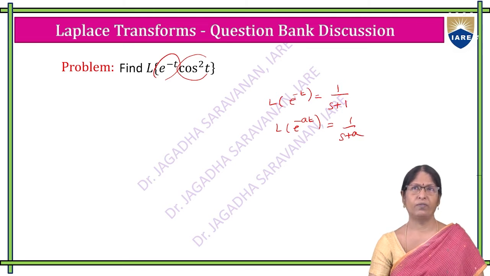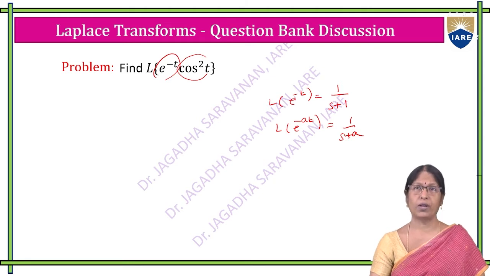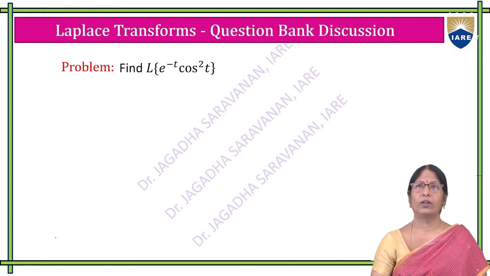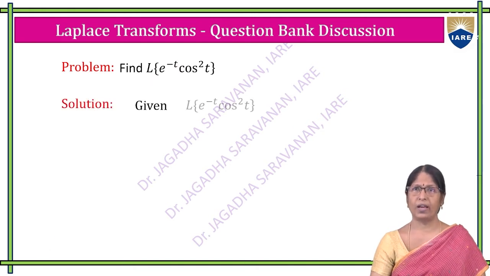Cos square, we don't have. We have only L of cos t. If that is there, we are very comfortable. But for the trigonometric term with power 2, is there any formula to replace cos square? So we are thinking over that.